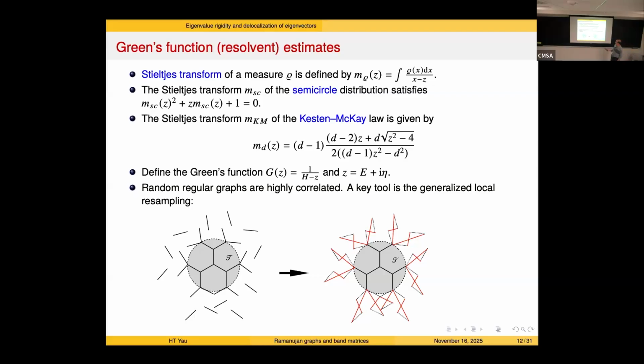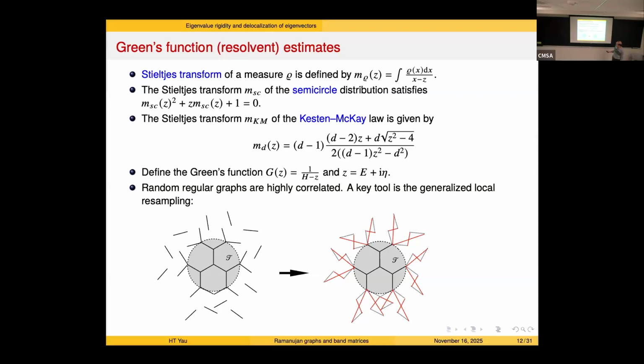It's called the switching, the local resampling. So the idea is the following. If you take a random d-regular graph, you take a vertex here, and you take a radius r, and now you look at this ball, and this ball has boundary edges. So these are boundary edges.